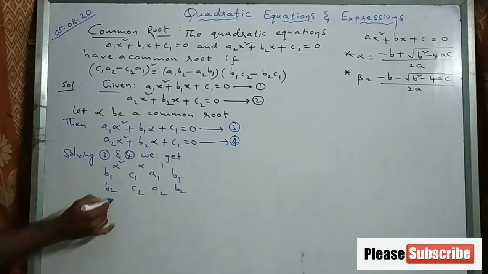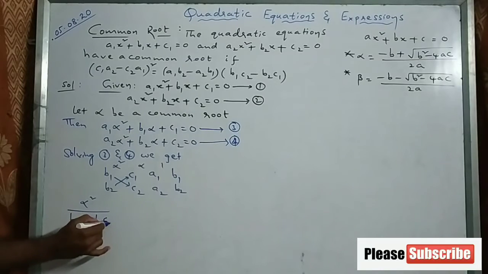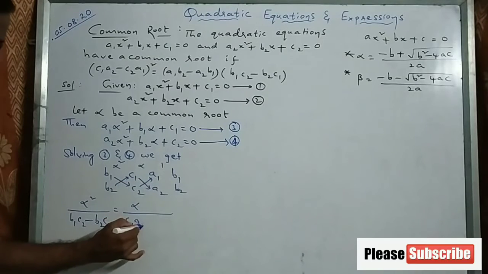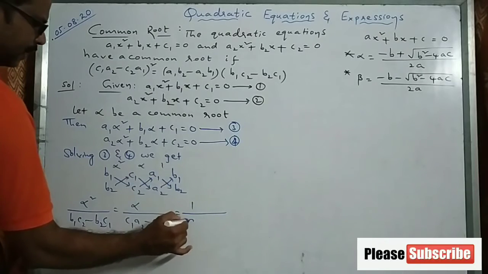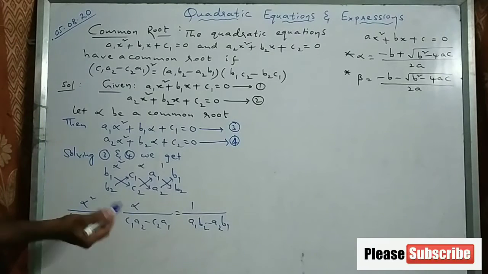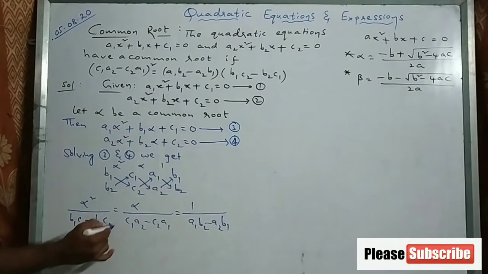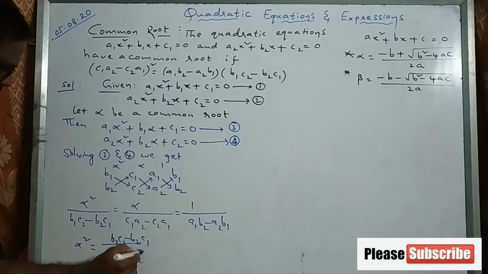So alpha square by b1c2 minus b2c1, alpha by c1a2 minus c2a1, 1 by a1b2 minus a2b1. So alpha square value will be b1c2 minus b2c1 by a1b2 minus a2b1.